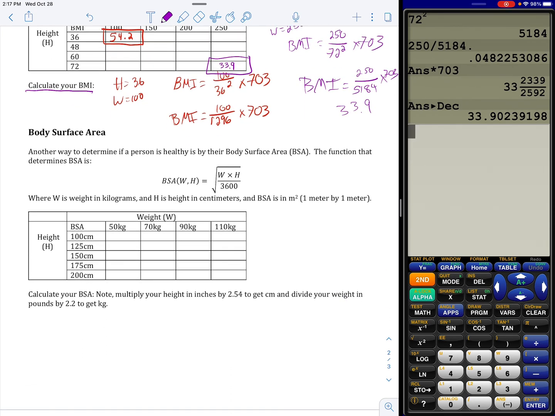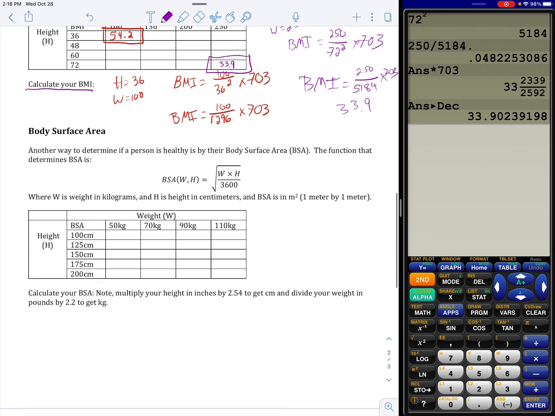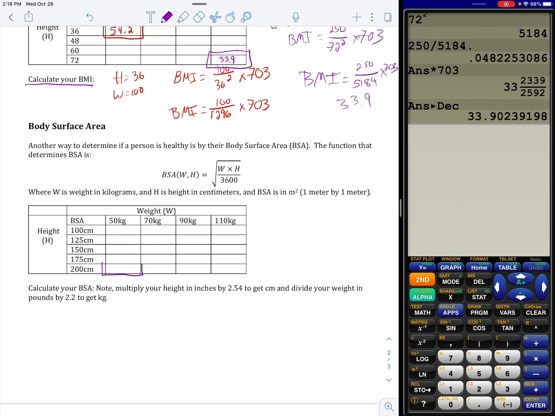And another one is the body surface area, or BSA. It uses the same things, height and weight. This time we're going to do it the other way. We're going to take somebody who's 2 meters tall and weighs 50 kilograms. That's a rail thin person, probably sickly. So the weight is 50 kilograms.